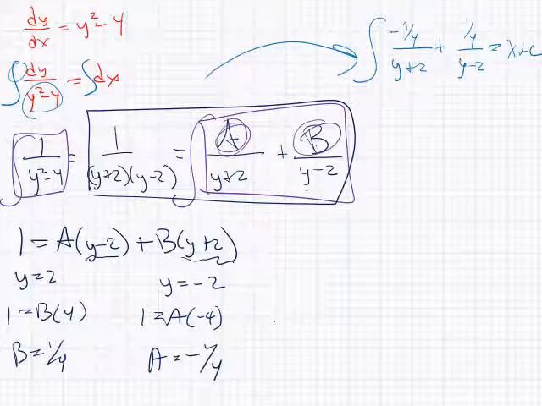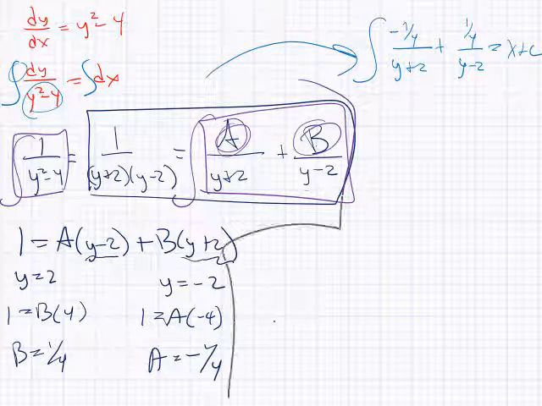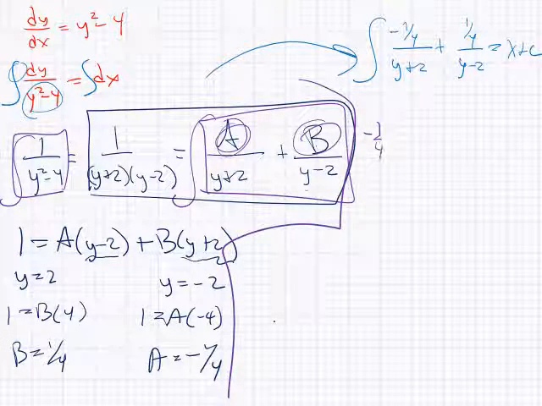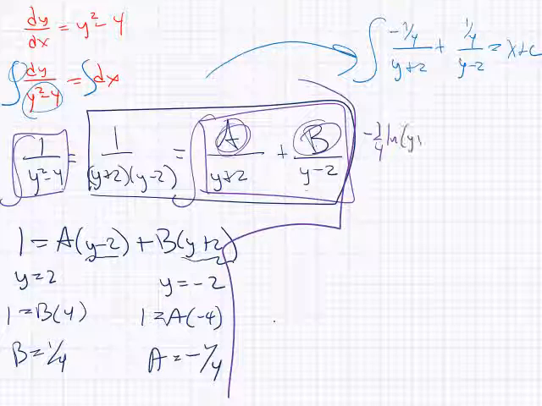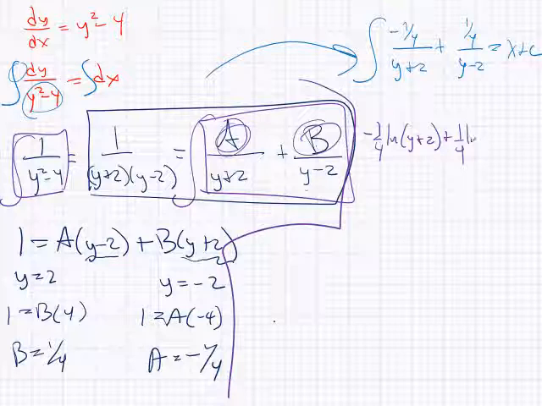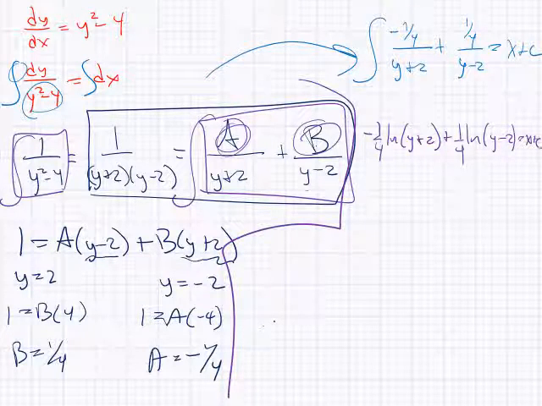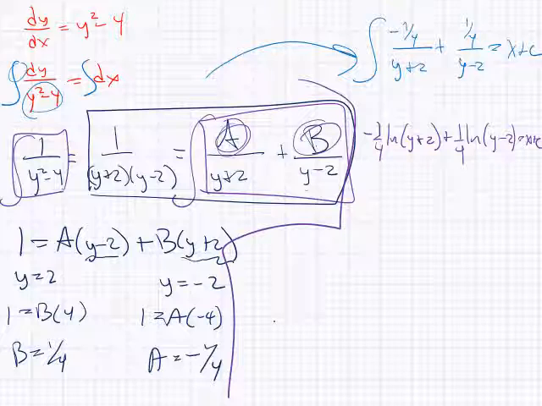So what we end up with here is -1/4 times the log of y plus 2 plus 1/4 times the log of y minus 2 equals x plus c. Then I'm going to move down a little bit so I have more room, and try to simplify this a little bit.